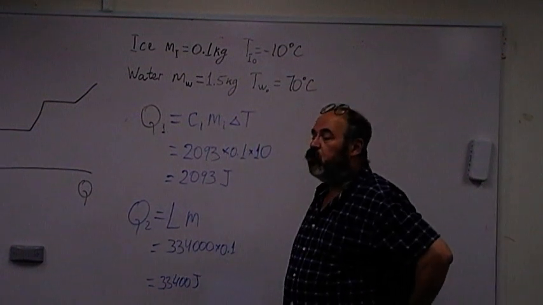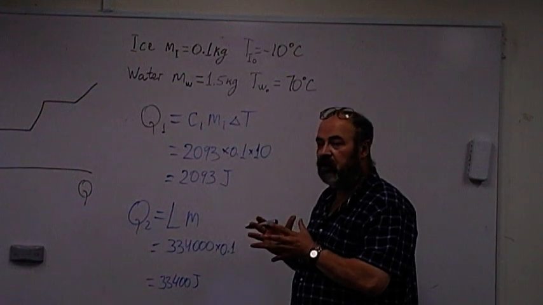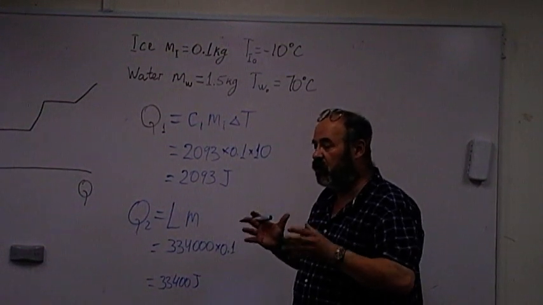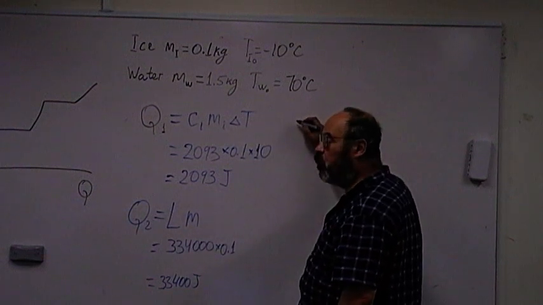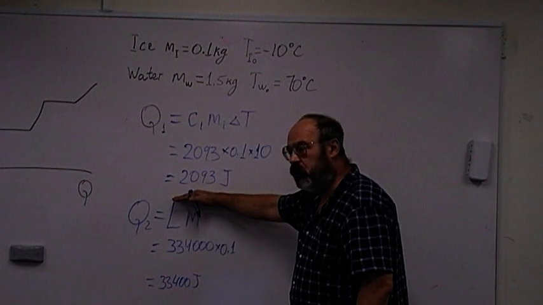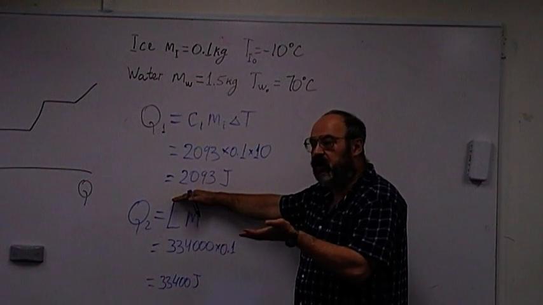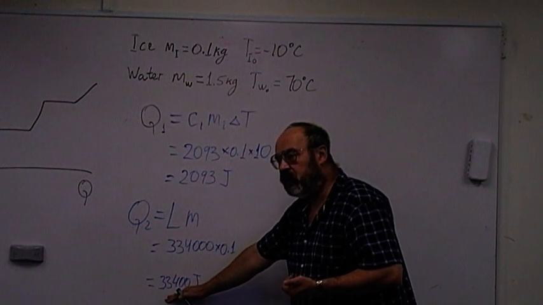So, to turn ice into water, to heat it up and melt, altogether how much heat do we need? We need to add that much heat we needed to heat it up from -10 to 0, and that much heat we need to melt it.